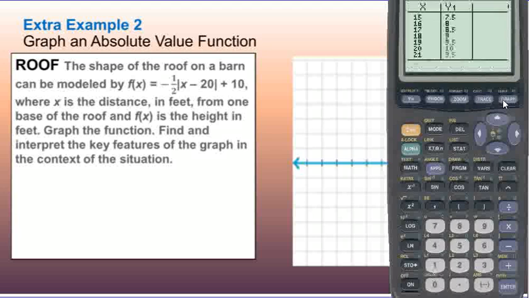Second graph will show us a table of values. We want to just find the highest point, which it looks like is 10. So if I just use integers, we'll use 20, 10. We'll use 0, 0.